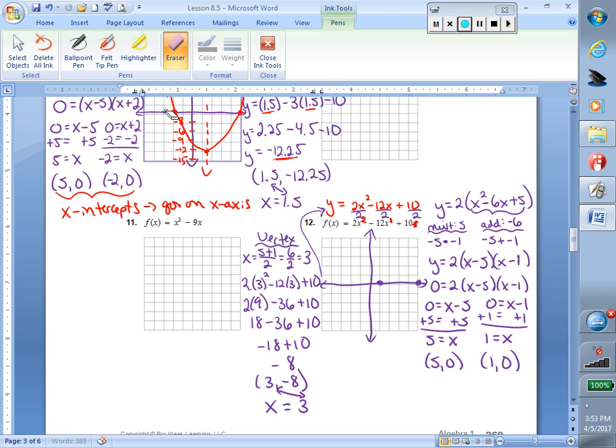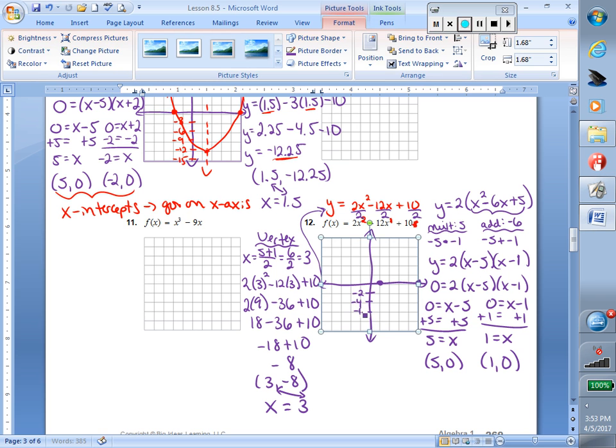I just need to change my scale. So I'm going to change my scale to go by 2's. So now I go over 3 on the x, and I go down 4 on the y to give me my -8. I have my 3 points. I can make a nice sketch of my graph.